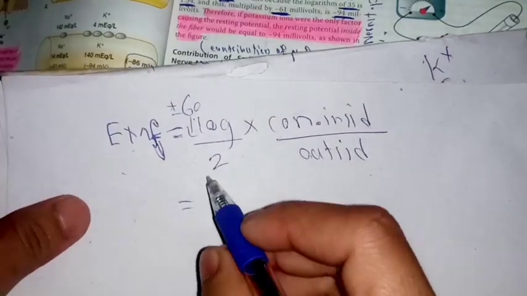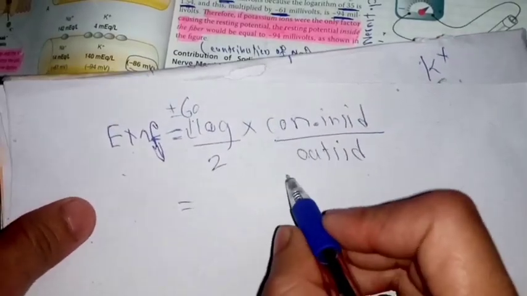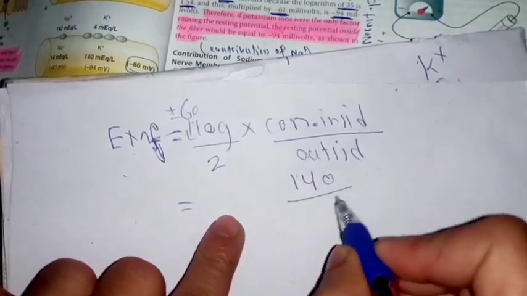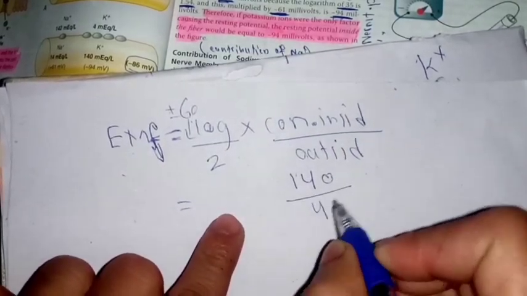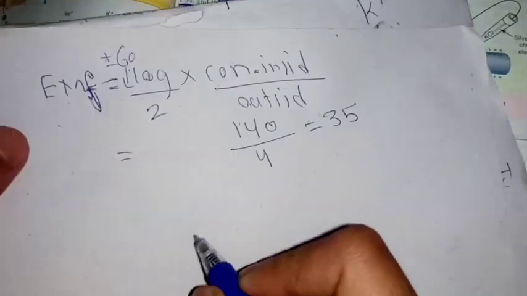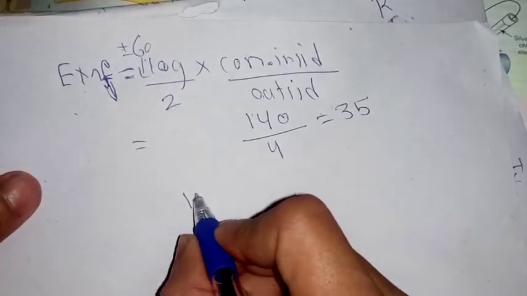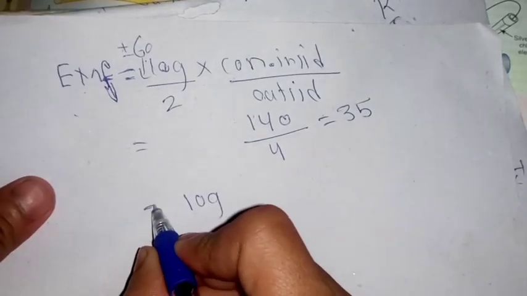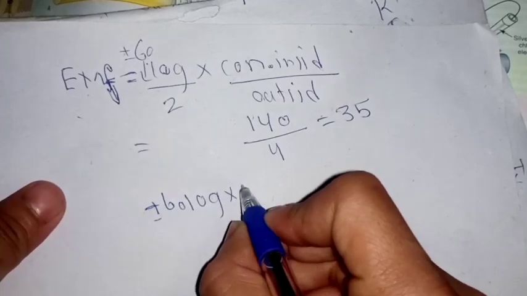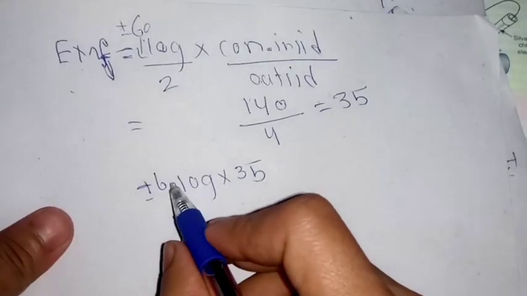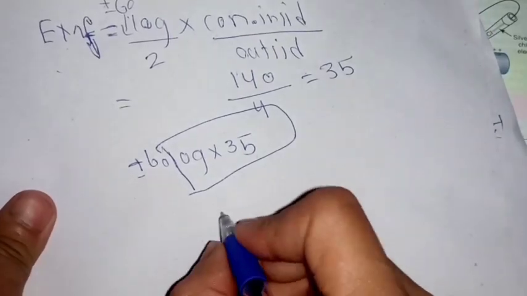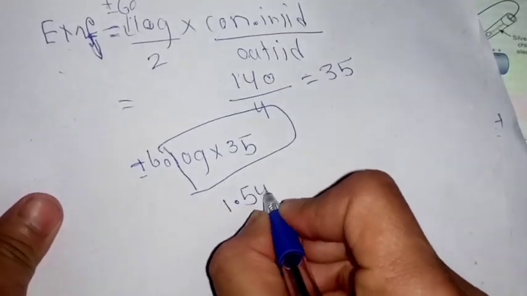Now, for example, potassium: on the inside it is 140, on the outside it is 4. We got a ratio of 35. Now the formula is plus or minus 60 log 35. The logarithm of 35 is 1.54.